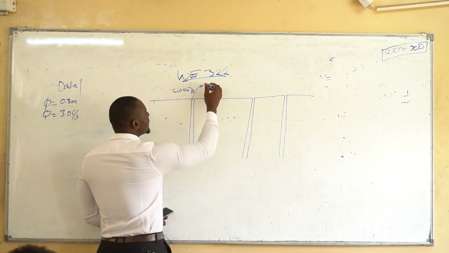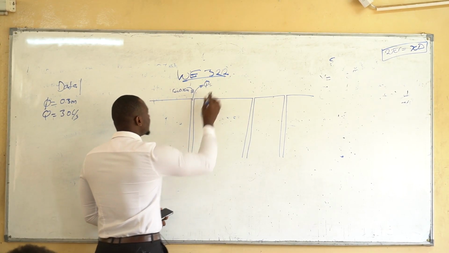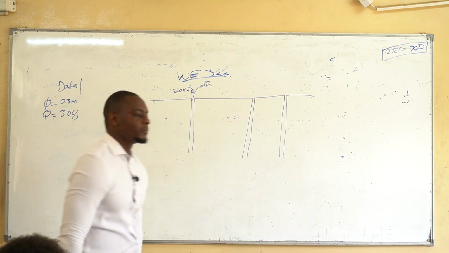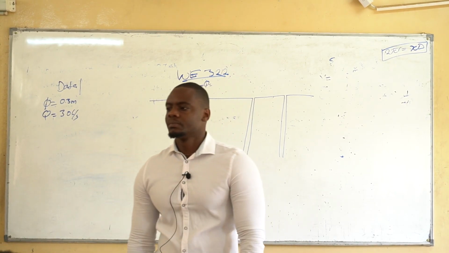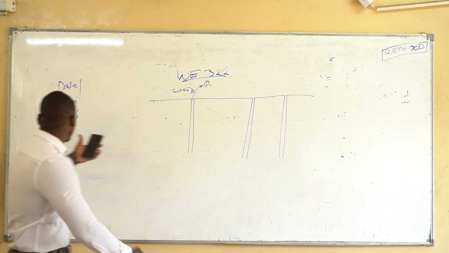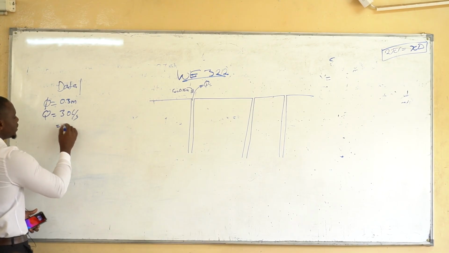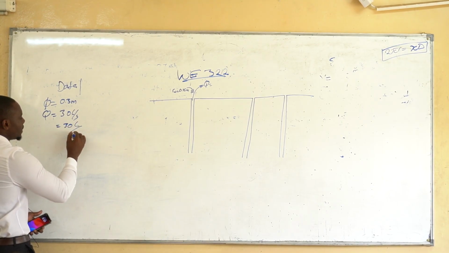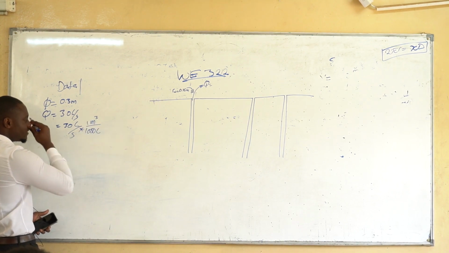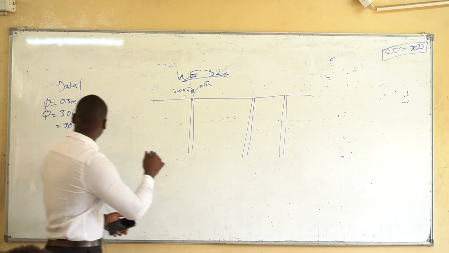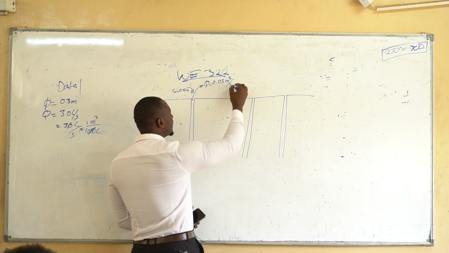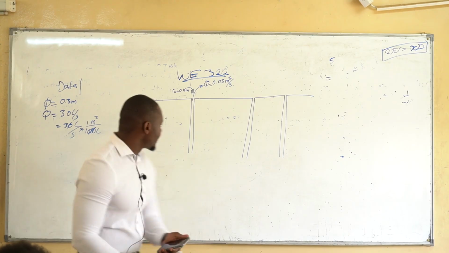The discharge, they're saying, is 30 liters per second. You and I know that at the end of the day, we're working with SI units, so it's cubic meters per second. So work with this liter and make it in the right units. So 30 over a second, if I'm going to divide this by 1,000, because it's a conversion factor, I'm going to get 0.03 cubic meters per second. That's one part.